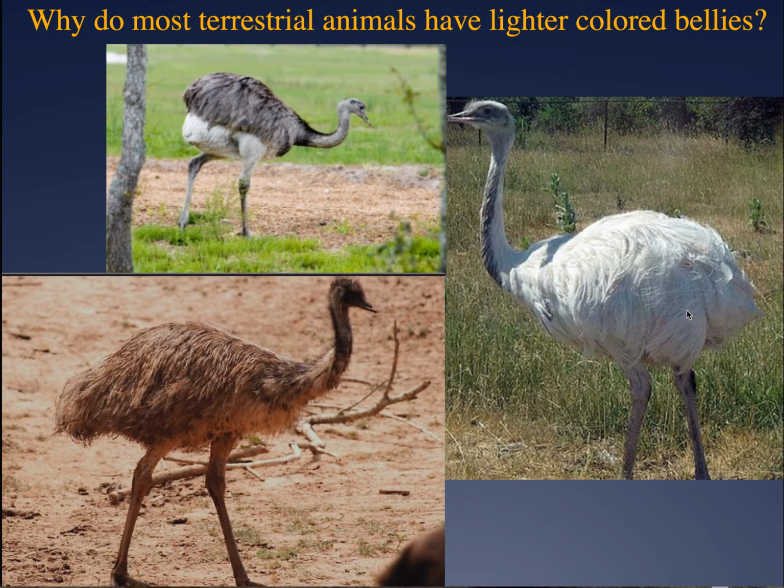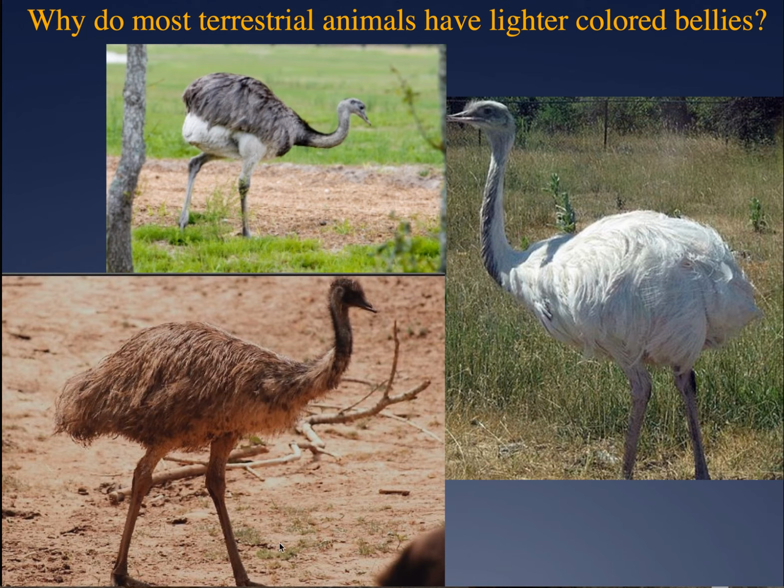I don't know if you've ever taken an art class or a photography class in which you learn about the importance of shadows. But shadows reveal the three-dimensional shape of anything. And because the light doesn't hit something evenly, a shadow is cast. So here in this, if it's an ostrich, which it looks like it is, we have a shadow created. And so the animal stands out because you have a very light colored top and a dark colored bottom.